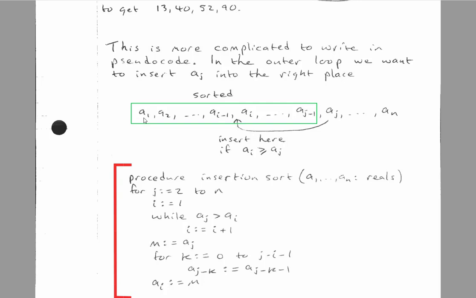So we start with i equals 1. If this a sub j is strictly bigger than a1, then we move to the next. i increases by 1. Is a sub j strictly bigger than a2?